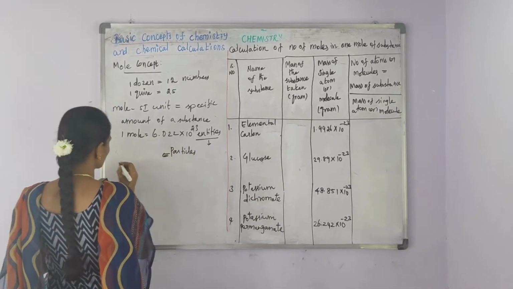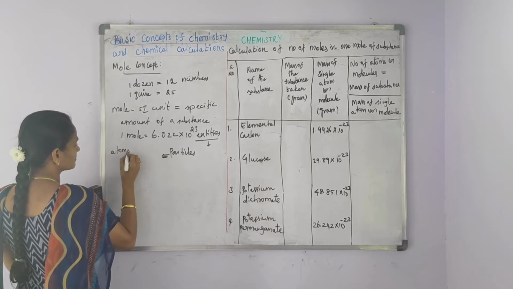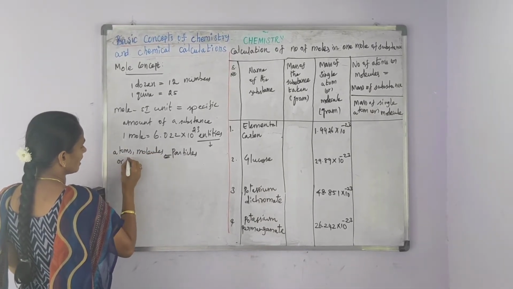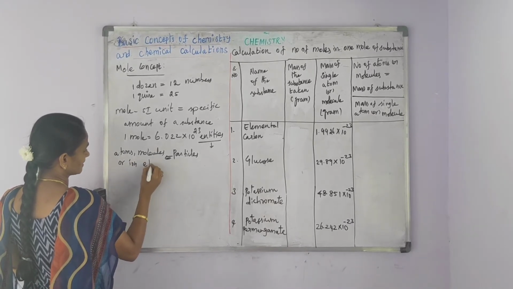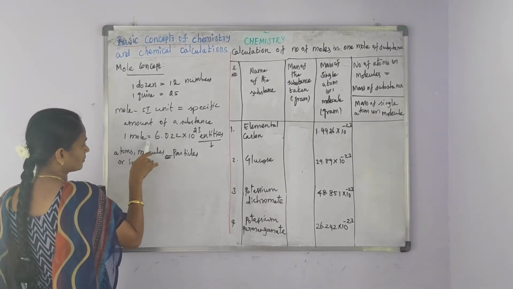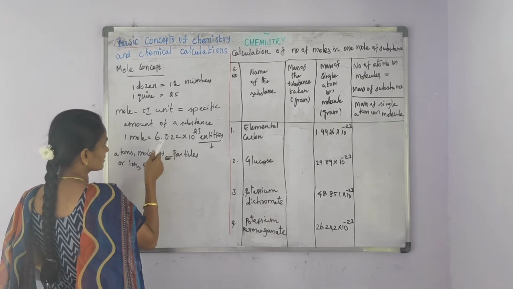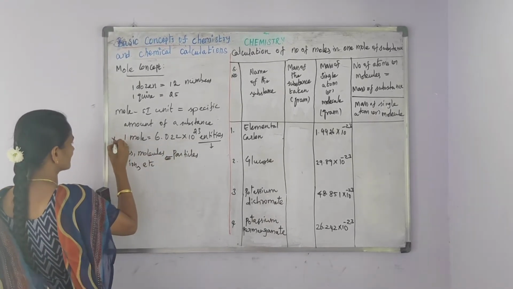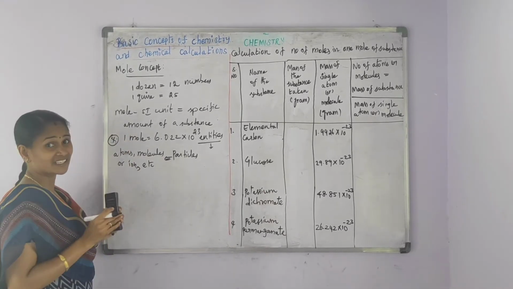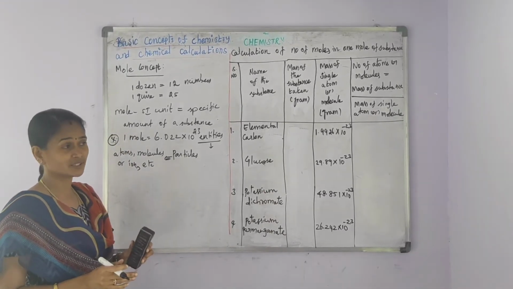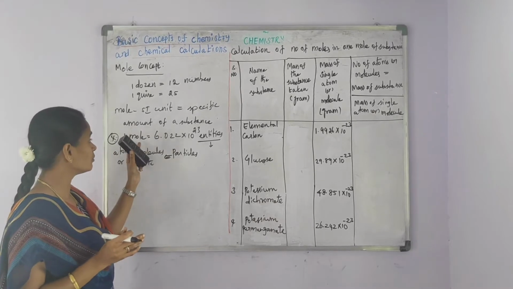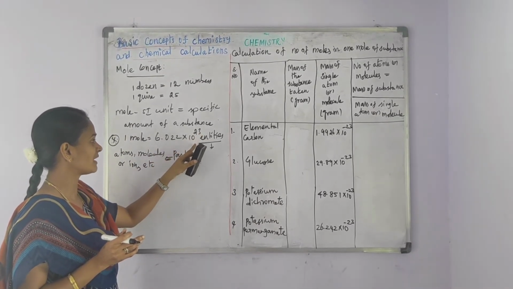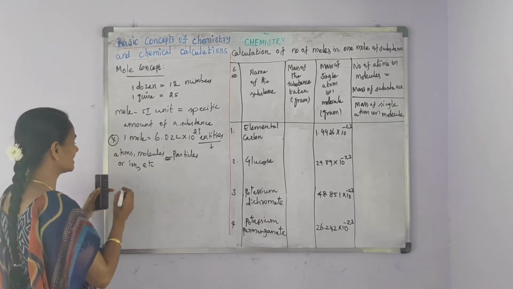The particles may be atoms, molecules or ions, etc. 1 mole is equal to 6.022 into 10 power 23 entities.